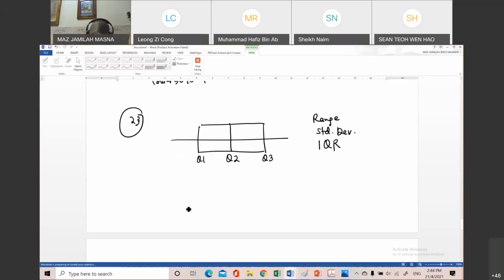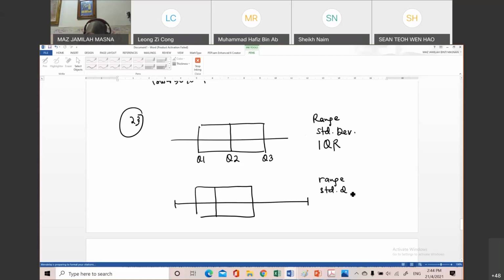But for skewed, let's say we choose a skewed data set. For example, we have this kind of data, and obviously, we can see this is right skewed. So which one is the best? Range, standard deviation, IQR? Which one? Interquartile range for which one, A or B?